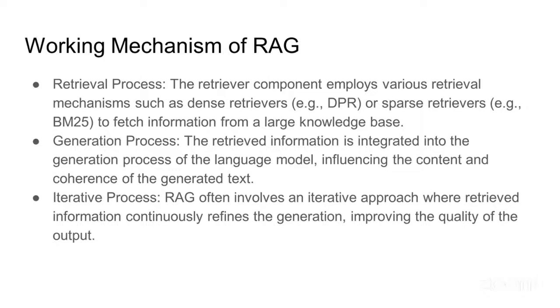The retrieved information is integrated into the generation process of the language model, which influences the content and coherence of the generated text. Then we have an iterative process. RAG often involves an iterative approach where retrieved information continuously refines the generation, improving the quality of the output.